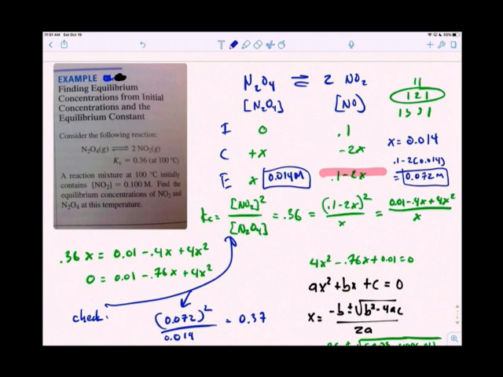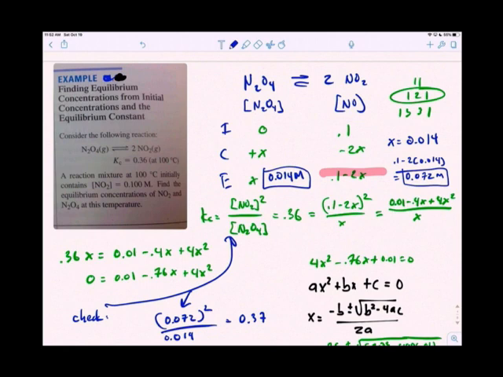With the initial of 0.1 molar of product and 0 of reactant, the reaction goes towards the reactant side, and you gain one extent of reaction for the N2O4, and you lose two extents of reaction for the NO2. The equilibrium value is the extent of reaction for the N2O4, and 0.1 minus 2 times the extent of reaction for the NO2.